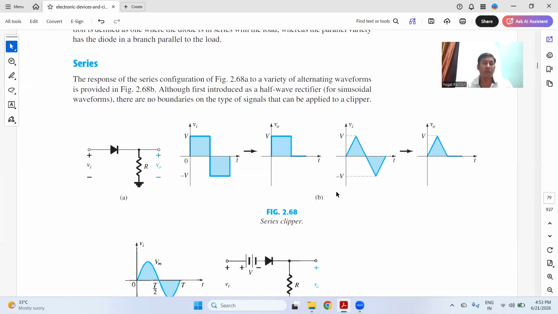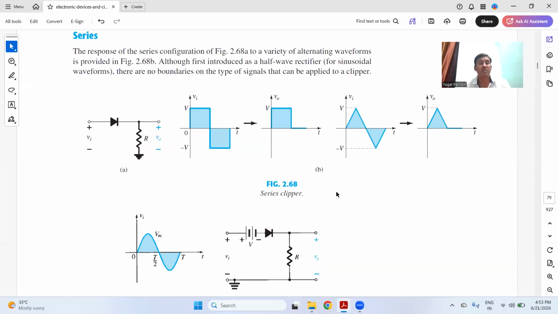The clippers are of two types: series clipper and parallel clipper. Just see this circuit. There is a diode, an applied voltage, and a resistance, and you will get the output as Vo. Vi is the input voltage and Vo is the output voltage. When you apply the voltage Vi, this is the first half cycle, this is the second half cycle, and this is the output.